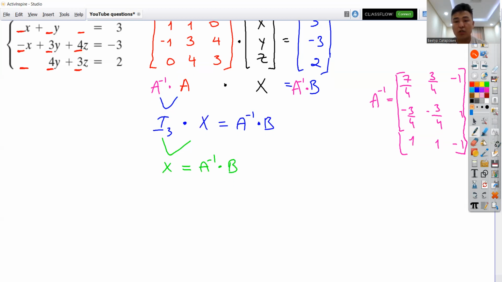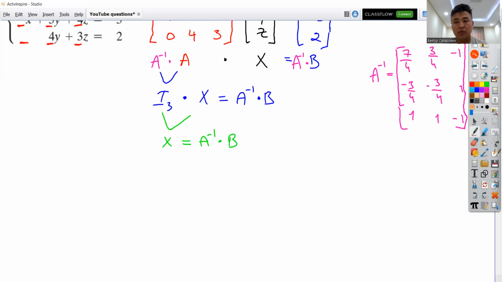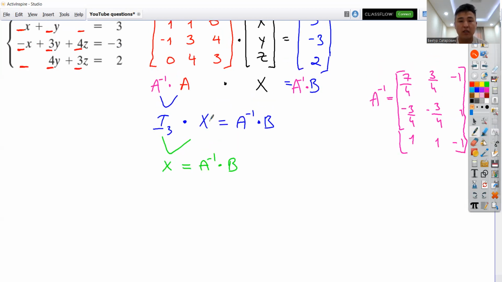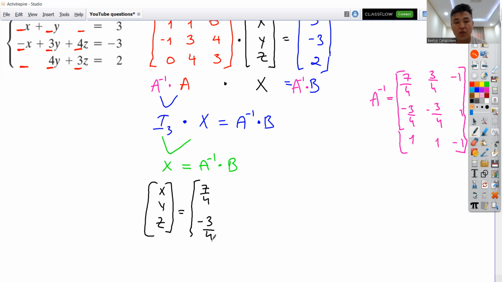What is my x? x is x, y, z, which equals my inverse matrix: 7/4, -3/4, 1; then 3/4, -3/4, 1; and -1, 1, -1.